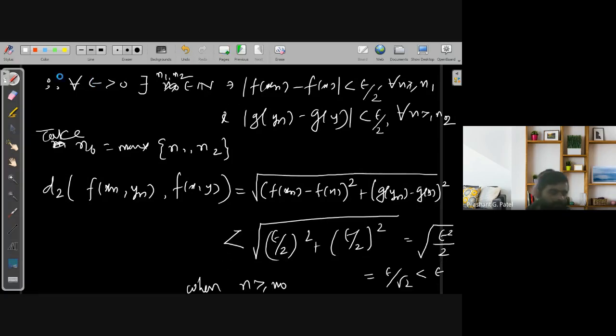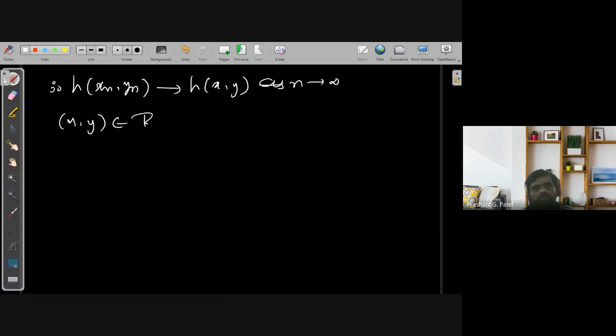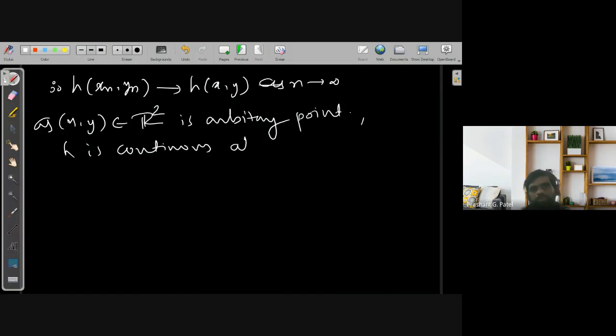Hence we can say that h of (xn, yn) converges to h of (x, y) as n tends to infinity, and this (x, y) belongs to R square is an arbitrary point. So we can say that h is continuous on R square. That completes the proof or solution for that example.